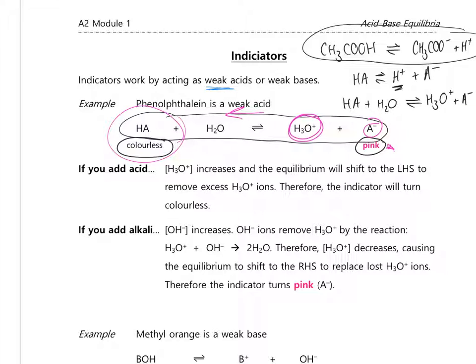Okay. Whereas if you add hydroxide ions, now it's not as simple as saying that the concentration on one side of the equation increases. With alkali, you need to think about what's actually going to happen. When you've got a hydroxide ion, it's going to react with these H3O plus ions to give you water.